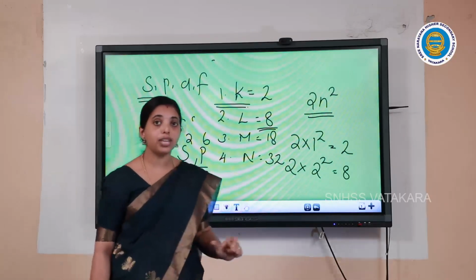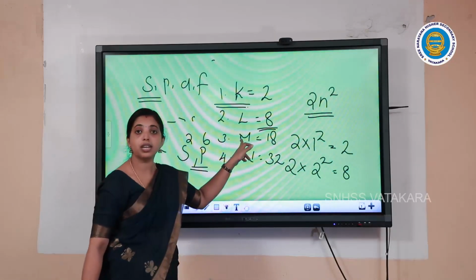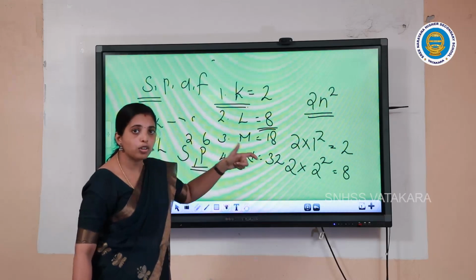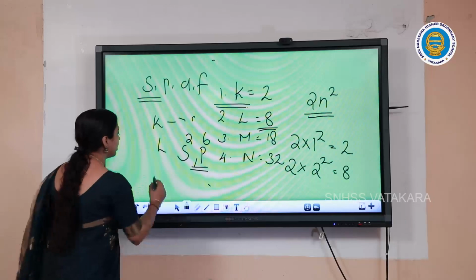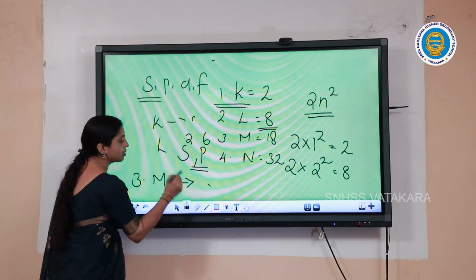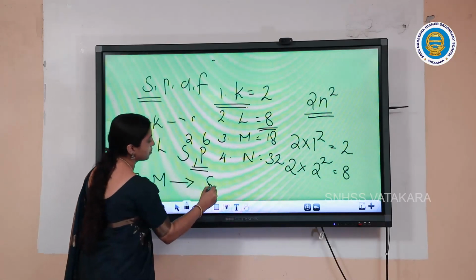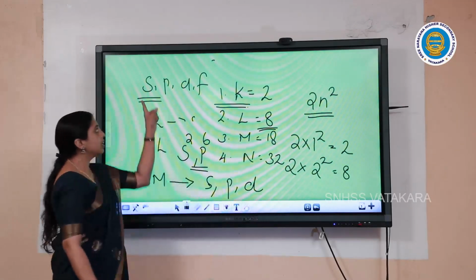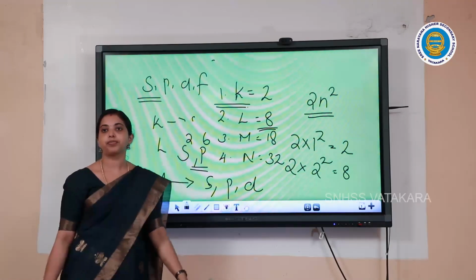The position of the shell M is 3, so possible subshells are also 3. Which are they? S, P and D.